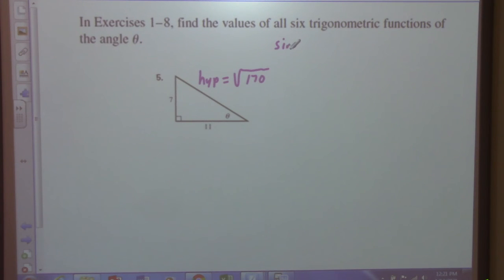So the sine is 7 over square root of 170. Cosine is 11 over square root of 170. Tangent is 7 over 11.